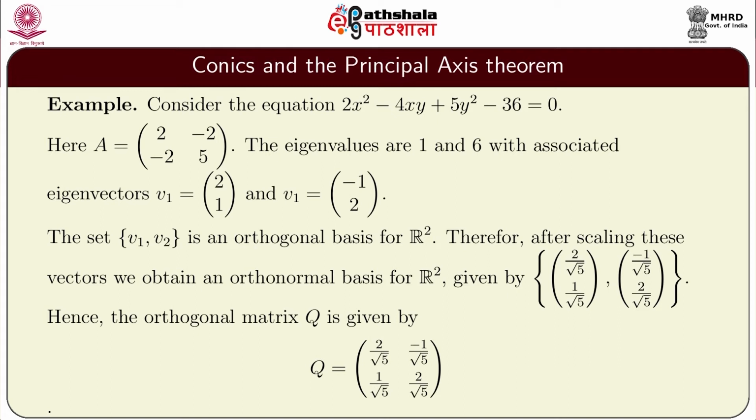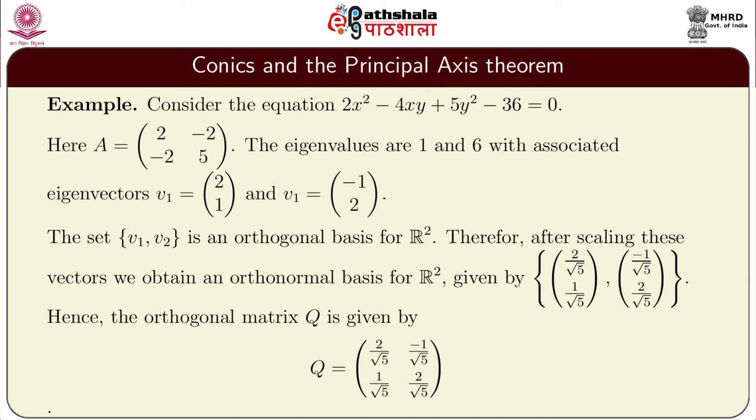Here the associated quadratic form is 2x square minus 4xy plus 5y square, and the way we have defined it, the associated real symmetric matrix is the matrix A, whose first row is 2 and minus 2 and the second row is minus 2, 5.